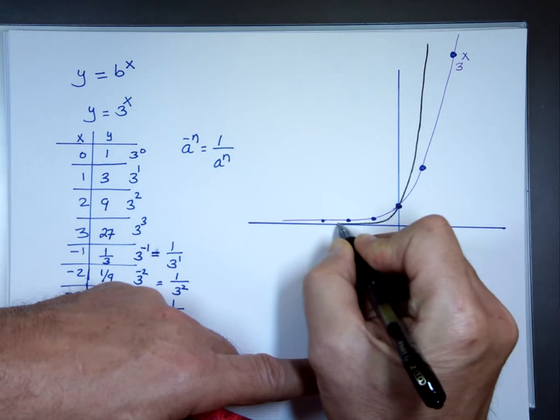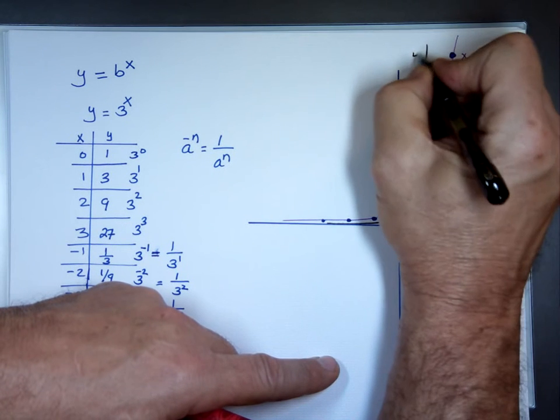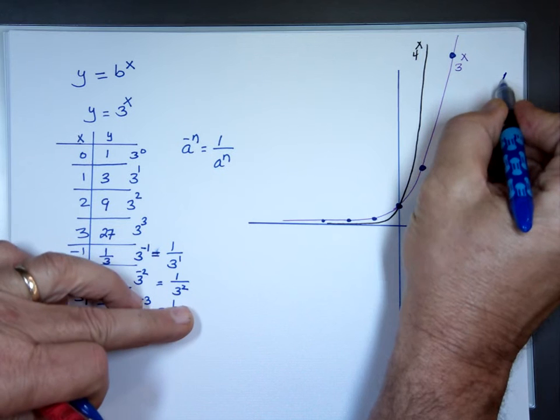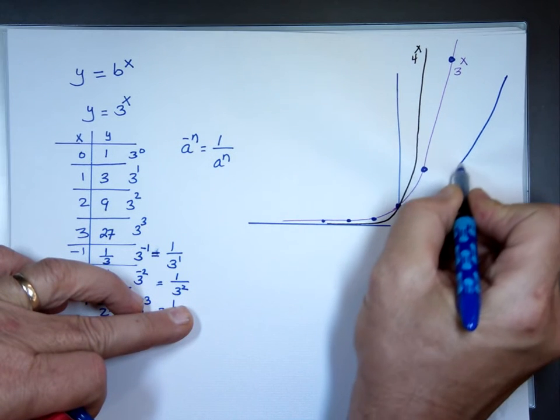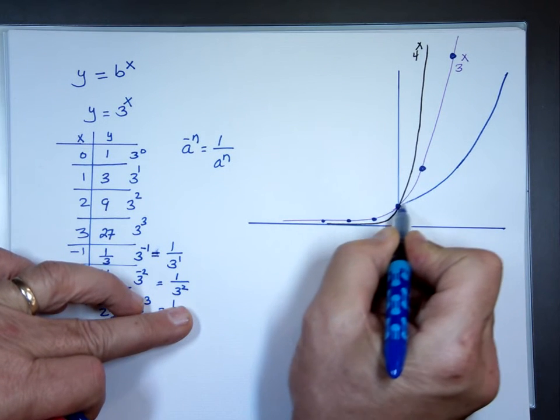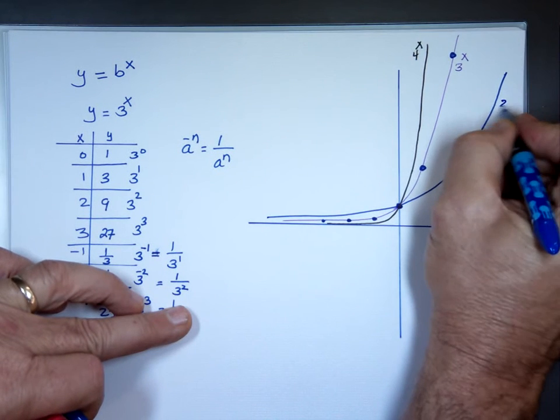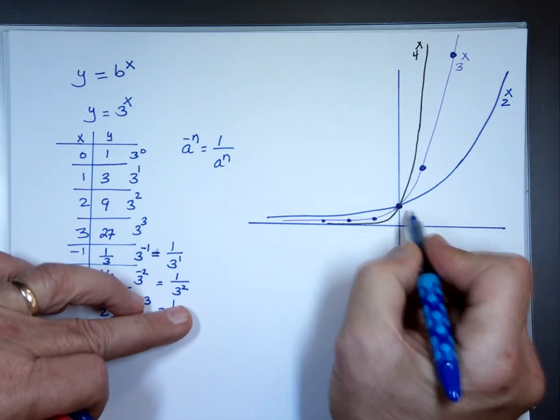Never touches that line. And if you did 2 to the x, what would it look like? 2 to the x will be flatter. And again, slower falling. But all of them go through the point 0, 1. Every one of them.